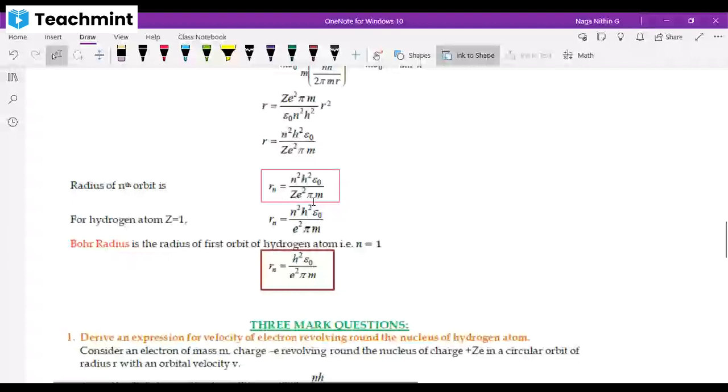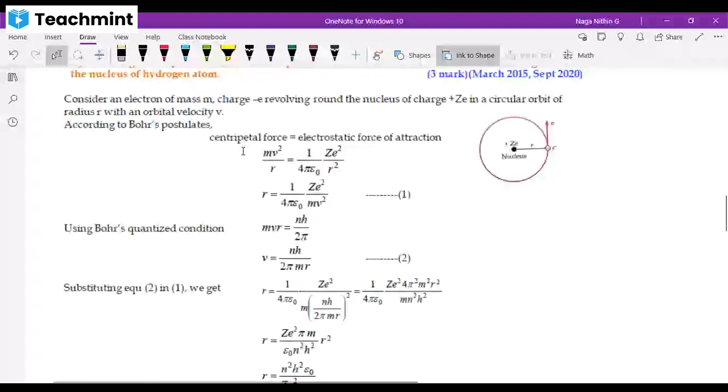So how many 3-mark questions are there? Three. What is the first one? 3 postulates of Bohr and limitations. Next, second question: expression for total energy of an electron in the nth orbit. Next, expression for radius of the electron in the nth orbit.